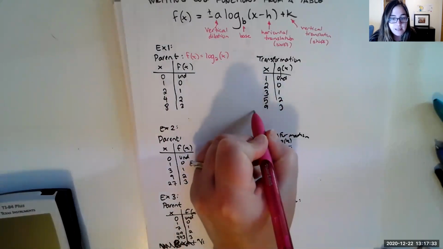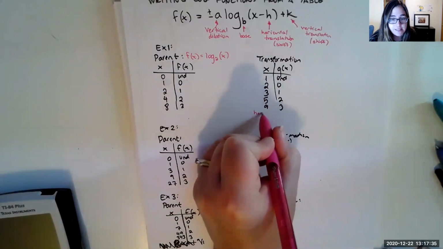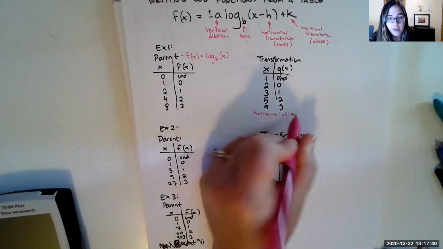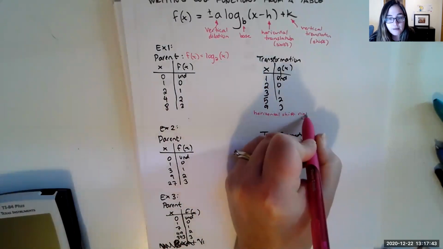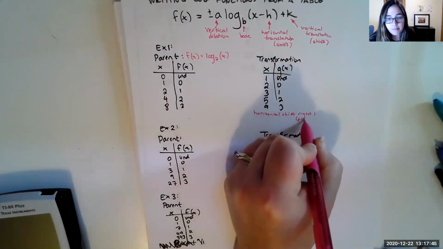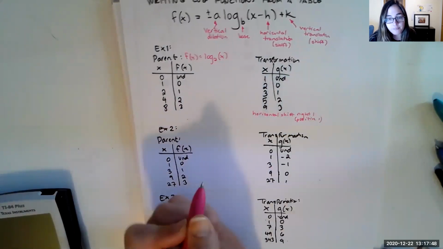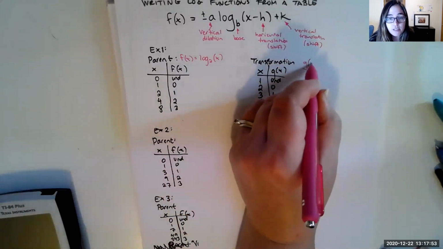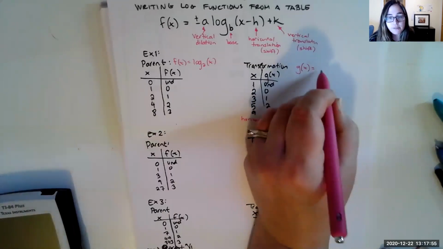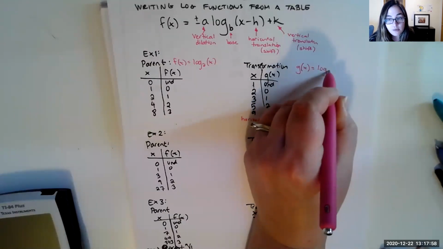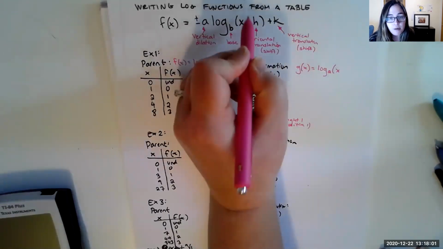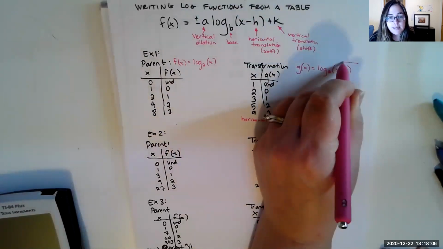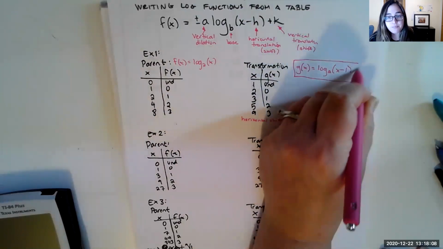Because we're on the x-axis, this is a horizontal shift or translation, and I'm going right 1, positive 1. So the way I can write my transformation equation, g of x equals log, still base 2, of x. Remember, it's minus your horizontal translation, so minus 1, and that's it for your transformation equation.